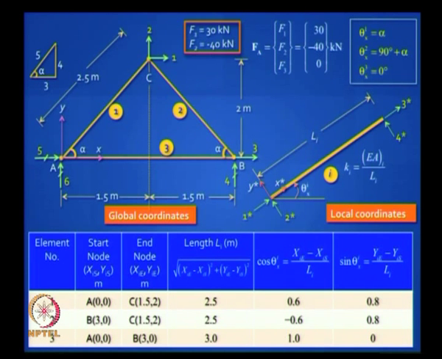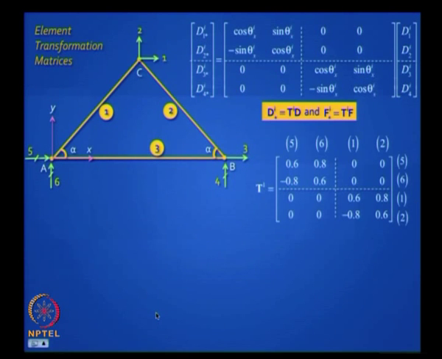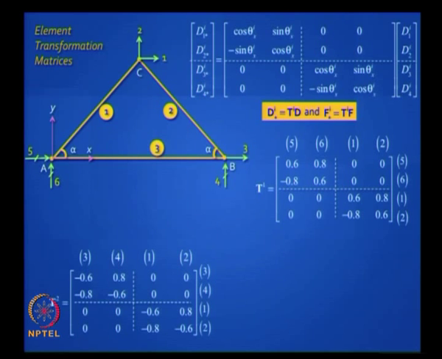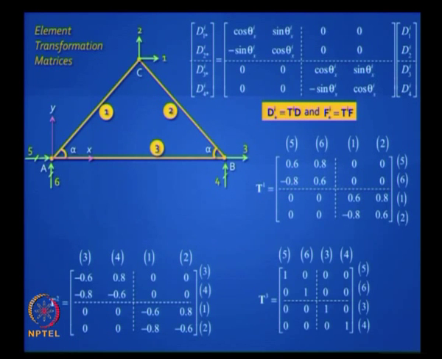The computer loves such a method. All you need is to write the algorithm, but don't forget your linking coordinates, and when you program it you must write down a subroutine which can handle this nicely. Is it clear? So that is why we got 3 4 1 2, and for the third element the start is here, the end is there, so it is 5 6 3 4. Is it clear? So can you generate these matrices?